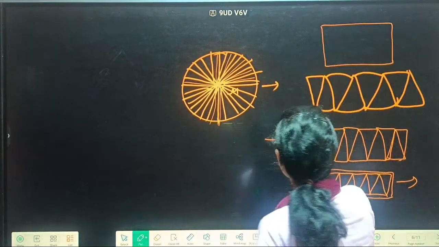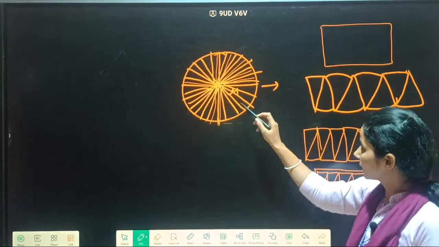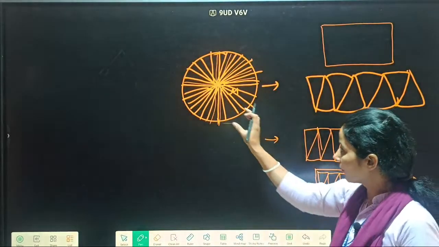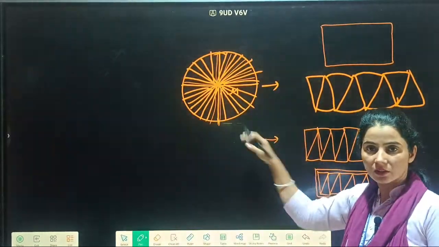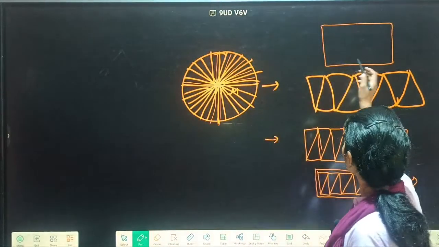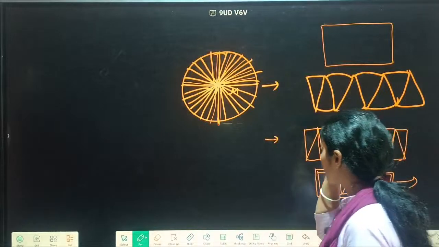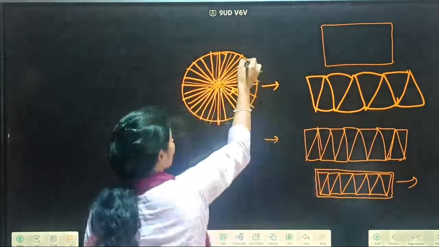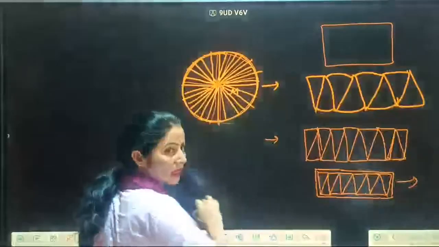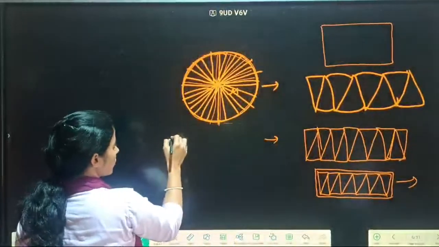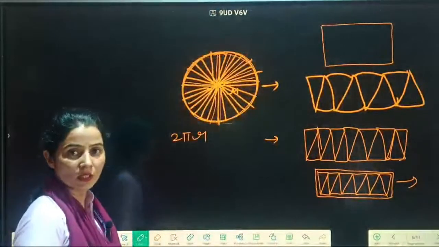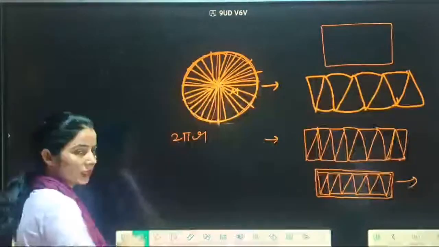Now see, after rearrangement of these sectors, some upward and some downward, we will get one rectangle shape exactly. Let us see these sectors. This is the boundary of this circle, and its length is 2 pi r. The length of this boundary is the circumference of the circle, which is 2 pi r.